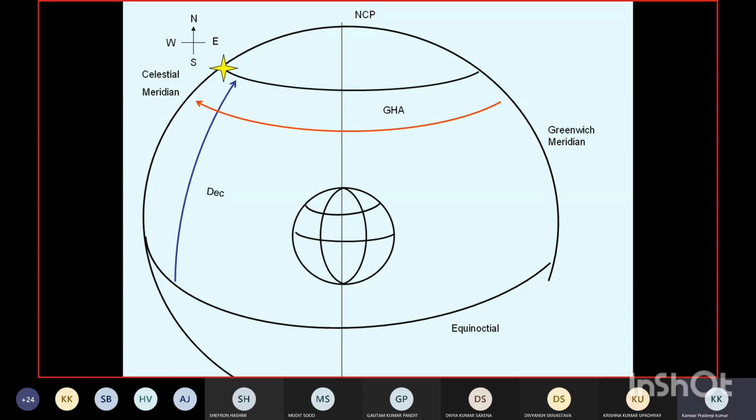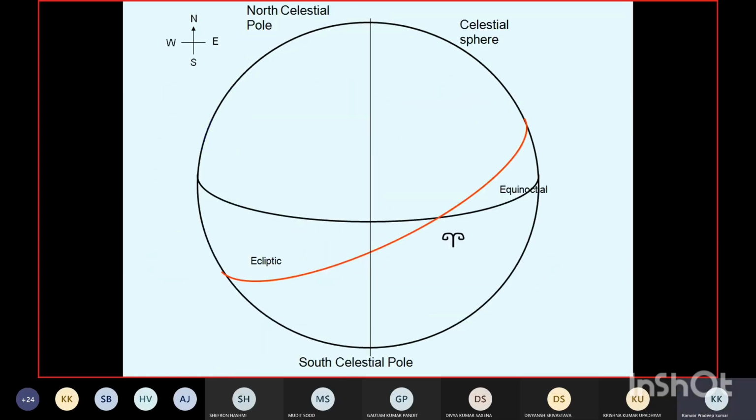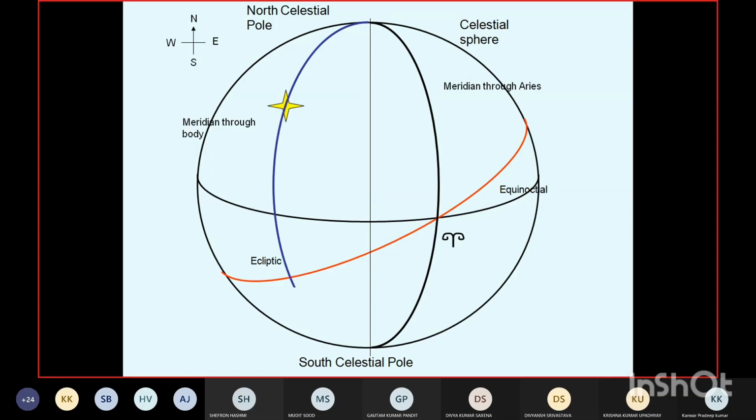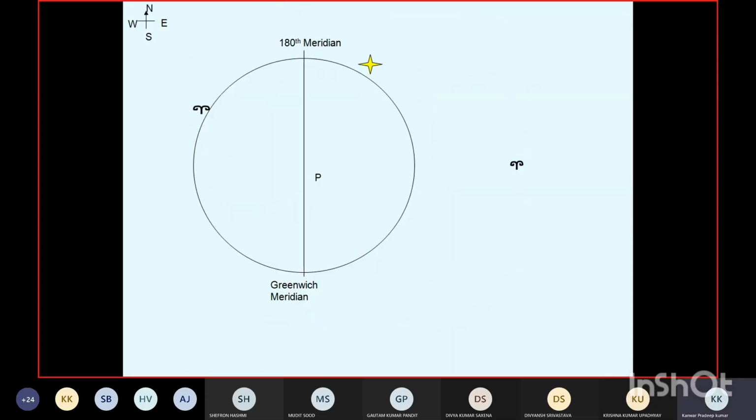So GHA star, SHA star, we will come to this. Now I'm seeing the pole from the top. So I have got GHA Aries. If I draw a meridian through the star and I measure it from the first point of Aries, like in the previous slide I just showed you, it is SHA star.